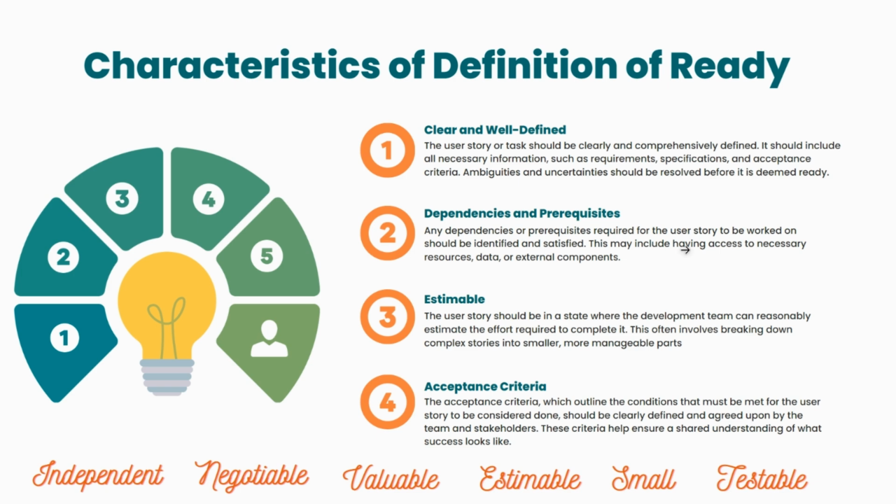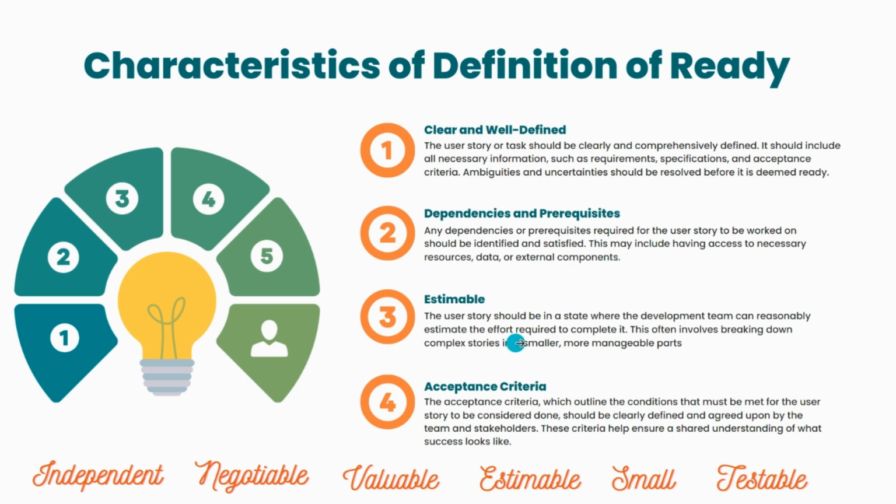So when the people the story is assigned to are working on it, they are clear about the dependencies and prerequisites, so they know what needs to be done. If that is clear before the development starts, it's very easy to start the work and complete the work.